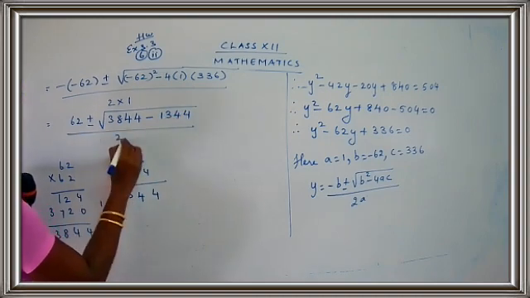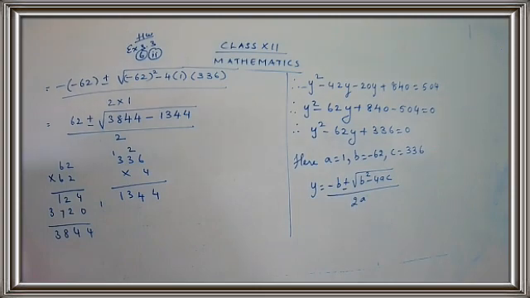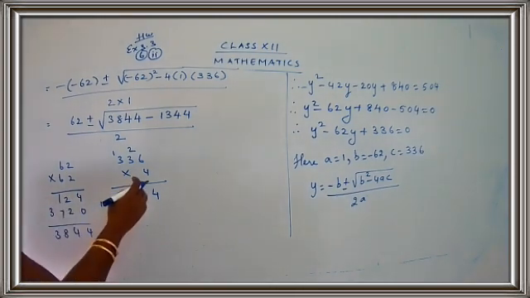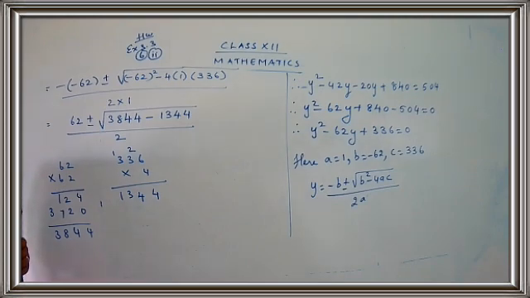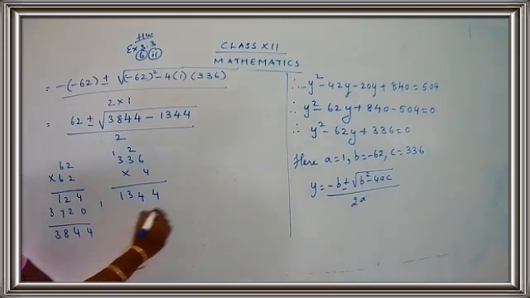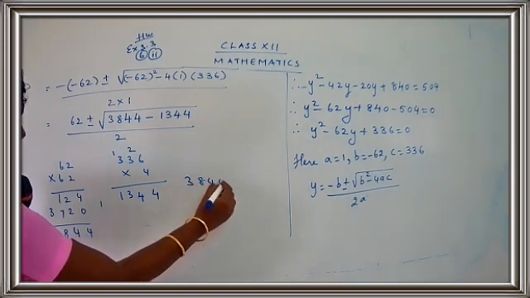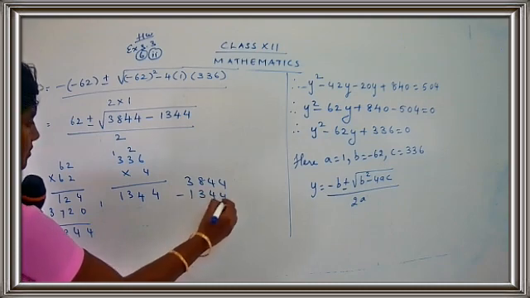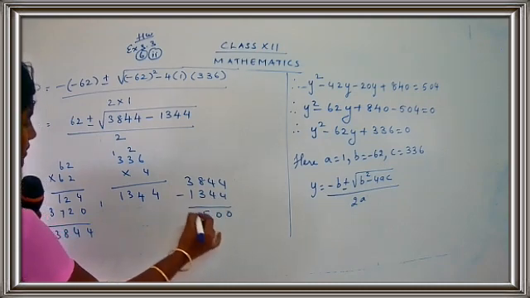Upon 2. 3844 minus. So what is the answer you get? Let me subtract it. 3844 minus 1344.